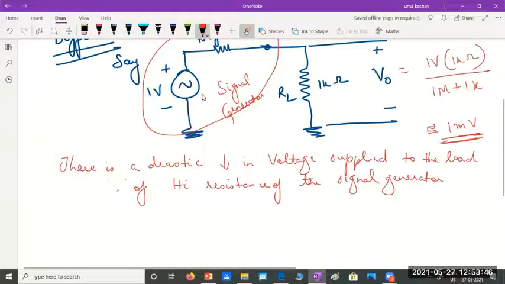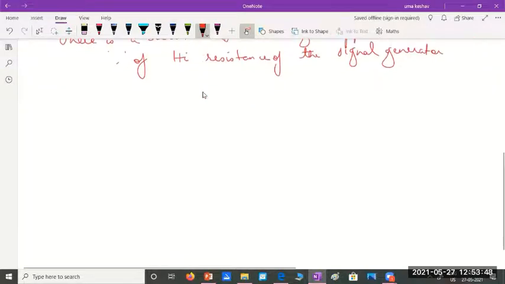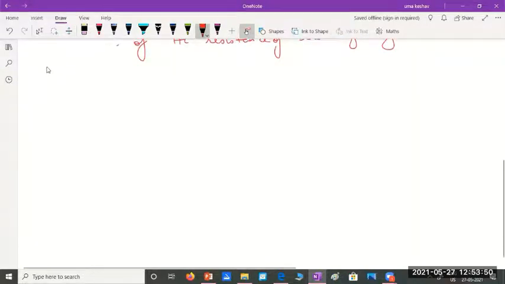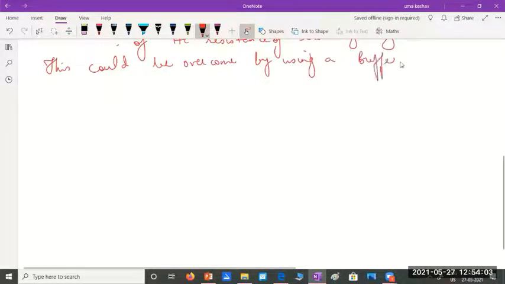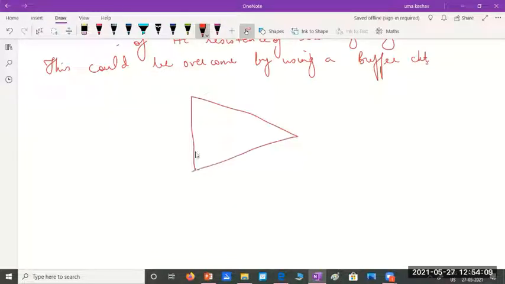How can I overcome this? This can be overcome by using a buffer circuit. So that is where a buffer comes into the picture. What is this buffer? I'll show you.